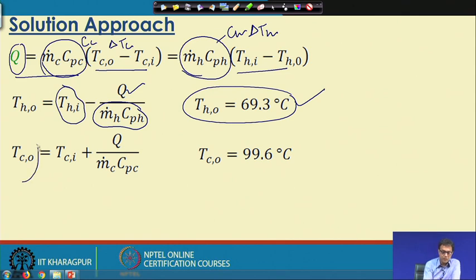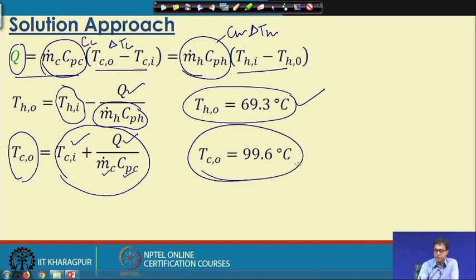The cold exit temperature is related again from this relation. If we manipulate it, we find that the exit temperature is given by this equation, where the right hand side parameters are known: Q, Tci, Mc, Cpc. So we can find the exit temperature of the cold fluid stream.